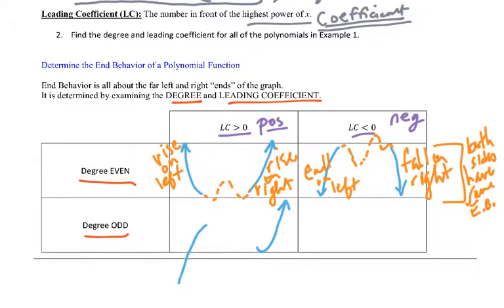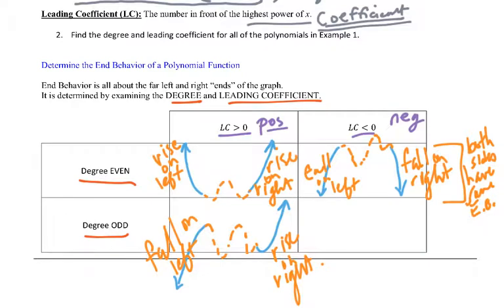And again, depending on the values in the polynomial, there's this bumpy part that we don't know exactly what it looks like. We can describe this by saying that it's falling on the left and it's rising on the right.